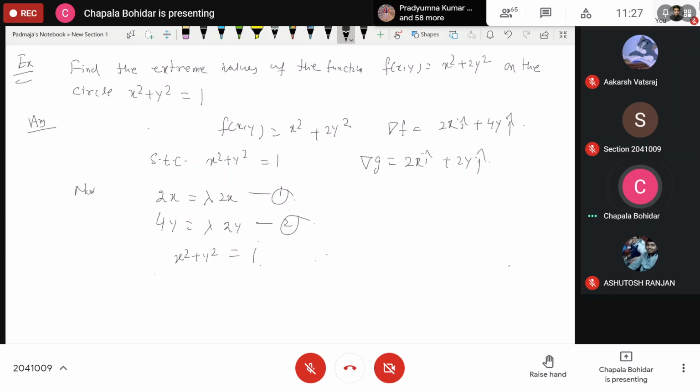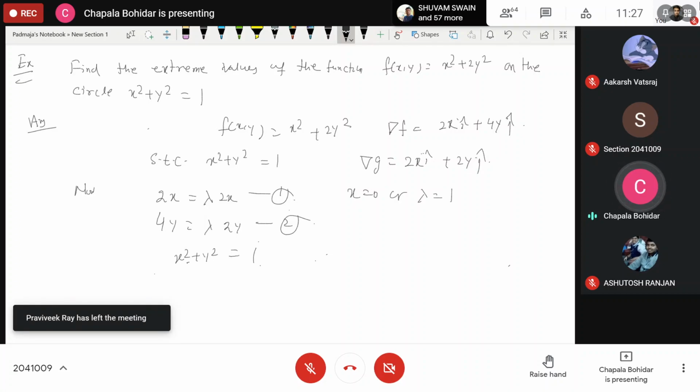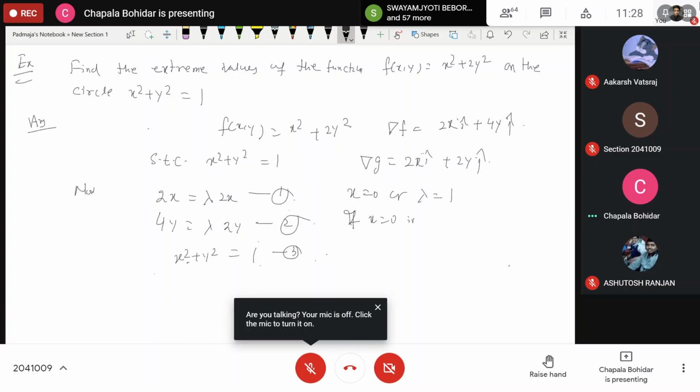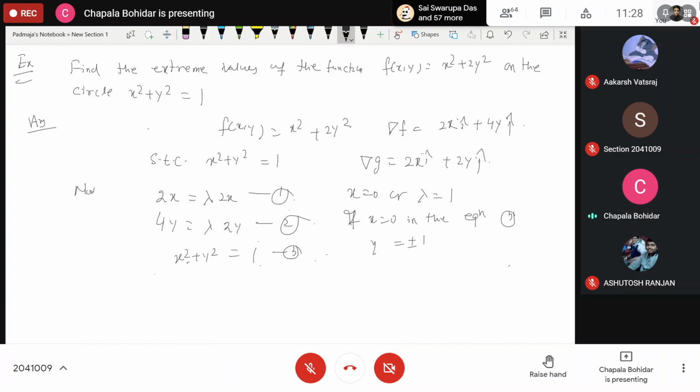In equation 1, what is the value? x is equal to 0 or lambda is equal to 1. Is it not? If x is equal to 0 in equation 3, y is equal to plus minus 1. Okay?